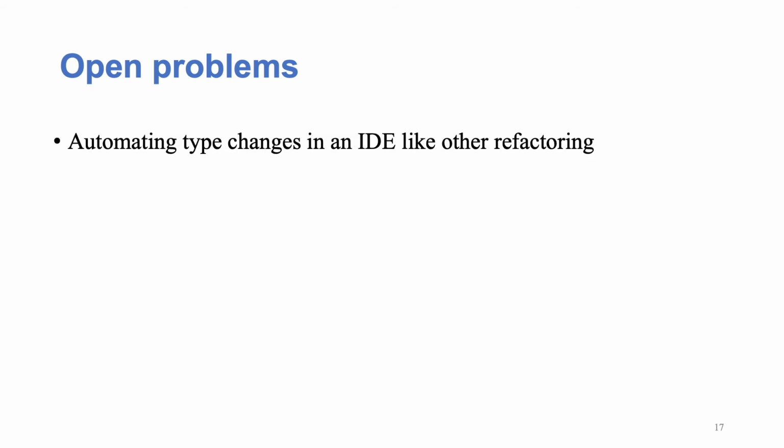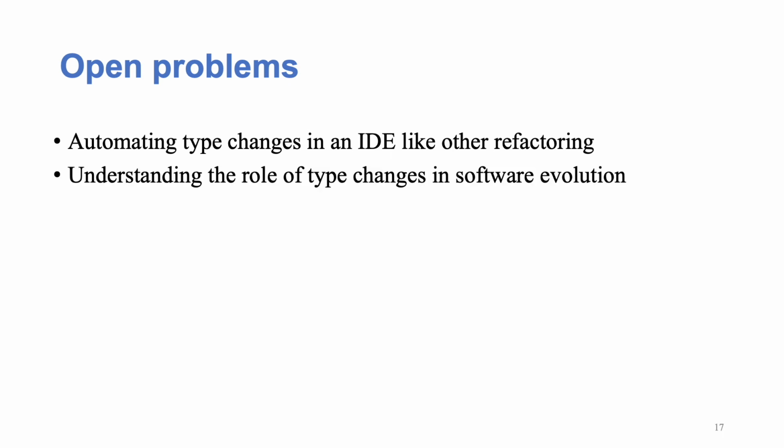Now I will discuss some open problems. We believe that our dataset and tooling can be used as a starting point to solve these problems. Type changes are so frequently performed that they really warrant automation. Our dataset can be used as a starting point to identify the most common and popular type changes that could be automated.